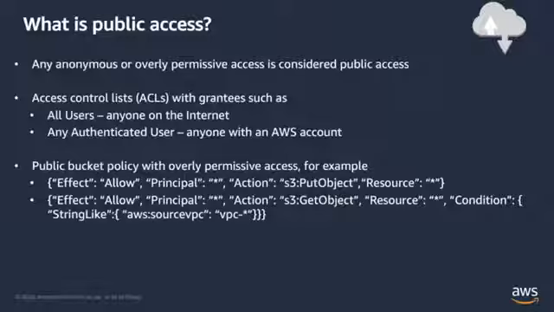And then our second one, effect allow, principal star, action S3 get object, resource star, condition string like AWS source VPC, vpc-star. So this would allow anyone coming from a VPC. By the way, you will notice this is different from a VPCE. It's very similar. You can restrict to either a VPCE or to a VPC. But this would allow anyone to get objects who's coming from any VPC. So this is also considered public.